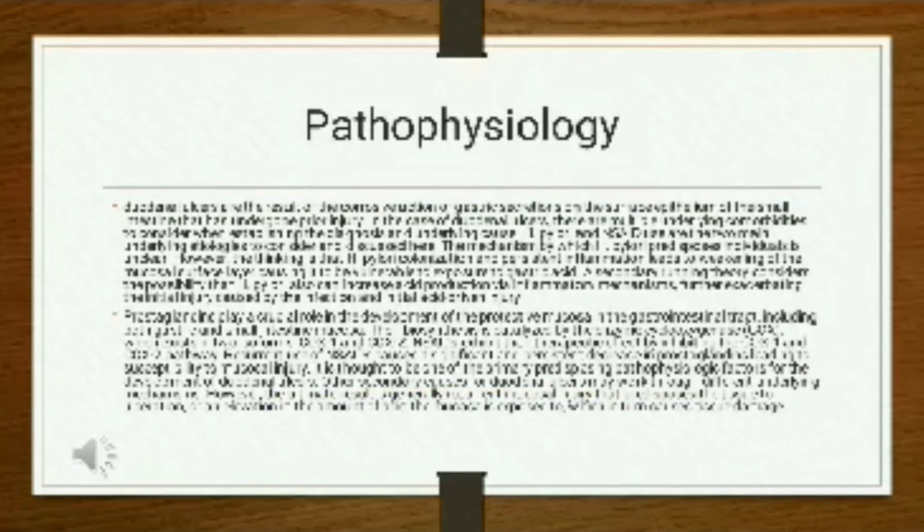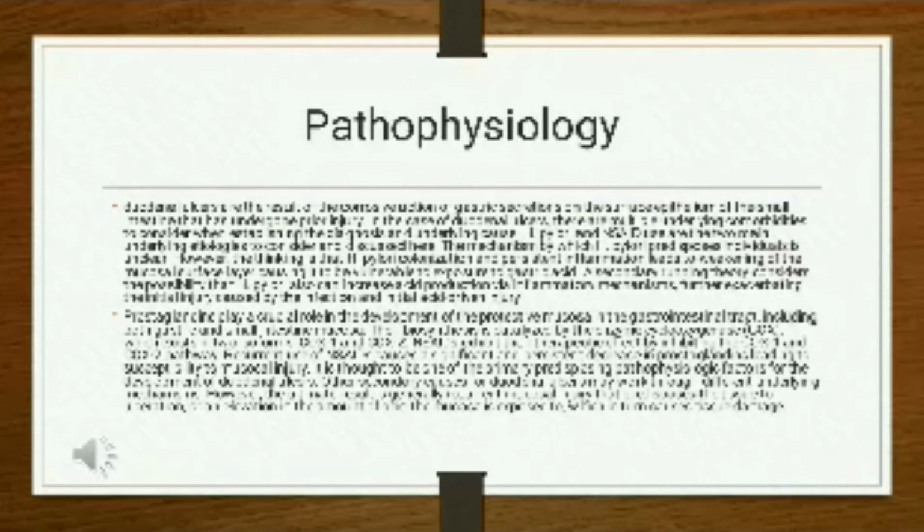H. pylori and NSAID use are the two main underlying etiologies to consider and are discussed here. The mechanism by which H. pylori predisposes individuals is unclear. However, the thinking is that H. pylori colonization and persistent inflammation leads to weakening of the mucosal surface layer, causing it to be vulnerable to exposure to gastric acid.